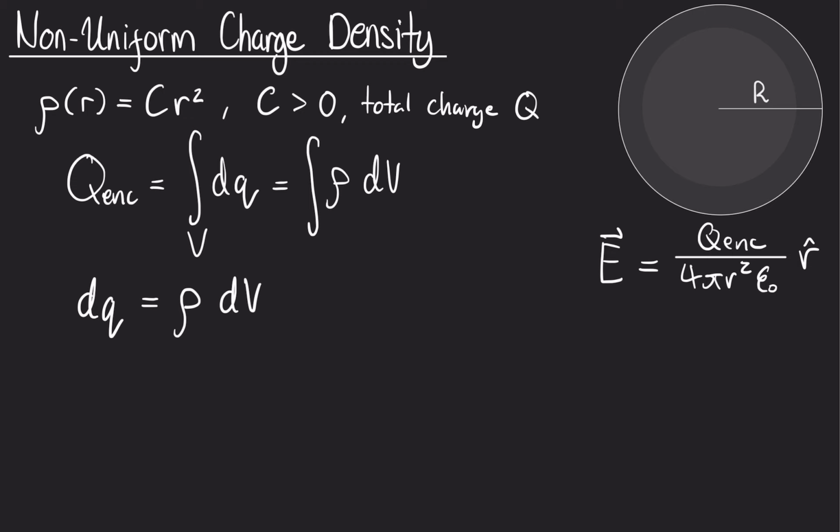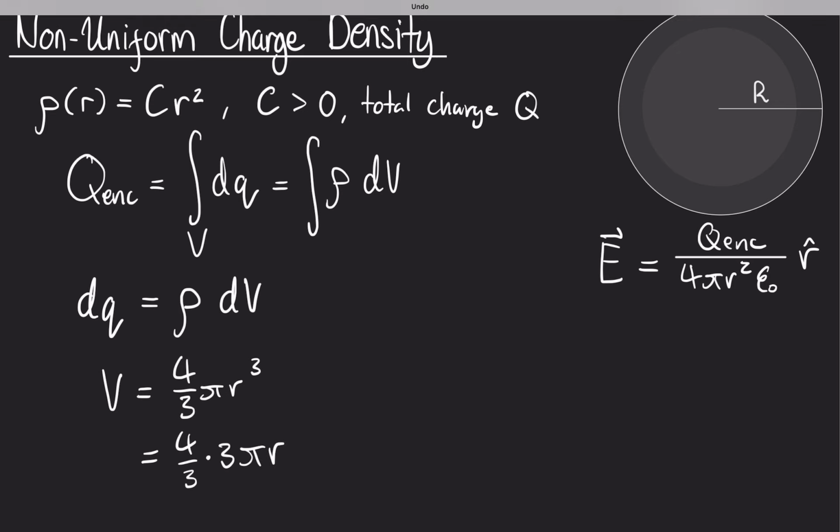The way that I would think about it is, think about the volume of a sphere. It's given by 4/3 pi r cubed. You can think about what dv would be as just differentiating both sides. So if I differentiate the right hand side with respect to r, I'm going to get 4/3 times 3, which comes from the cubed, pi r squared.